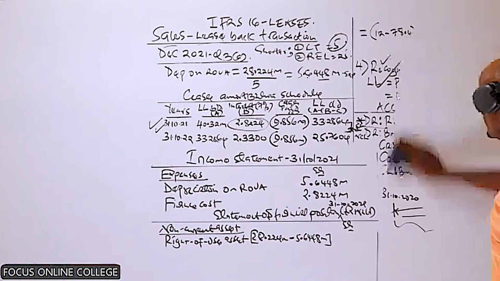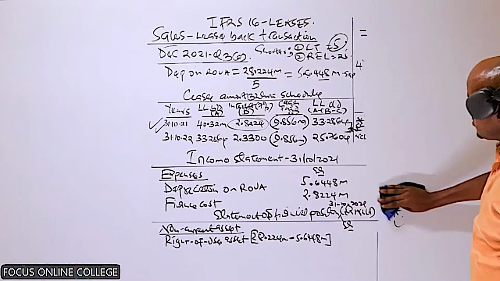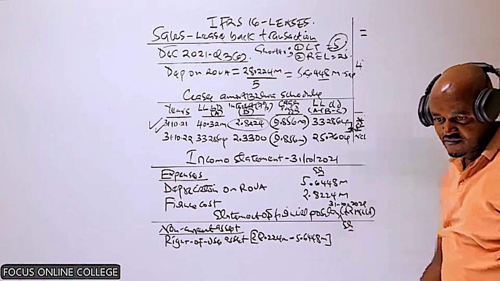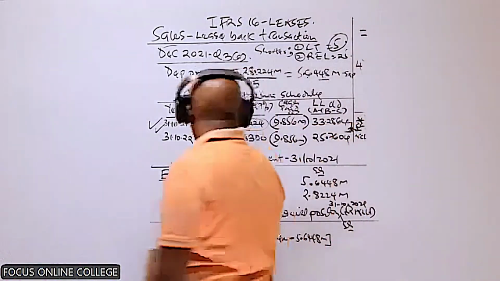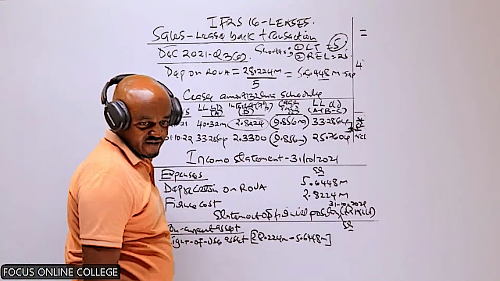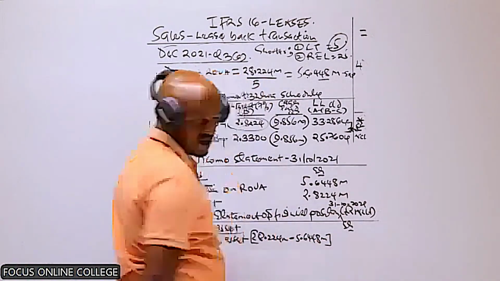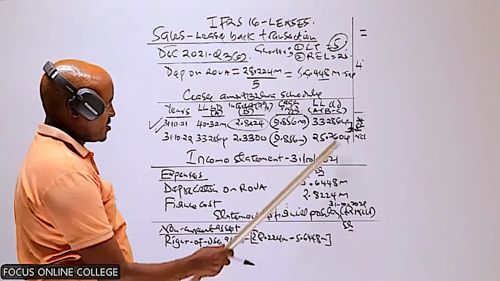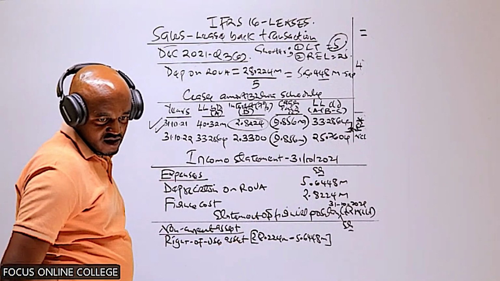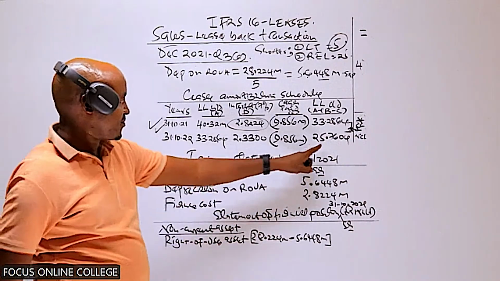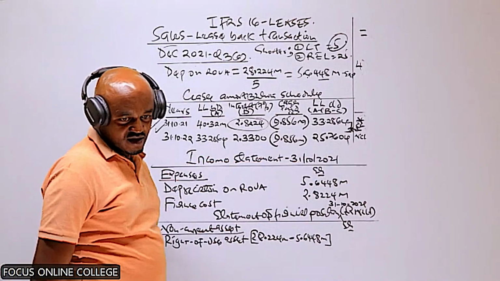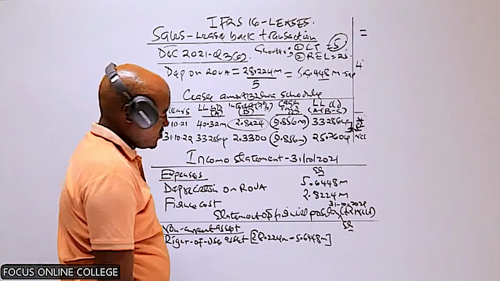What will be the net book value for our right of use asset? The net book value, I'm told, is 25. Okay, that should be this one. Oh, it's the same as this one. No, it is 22.